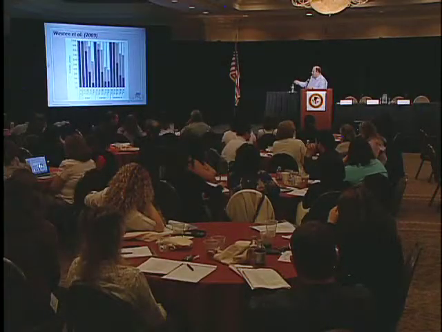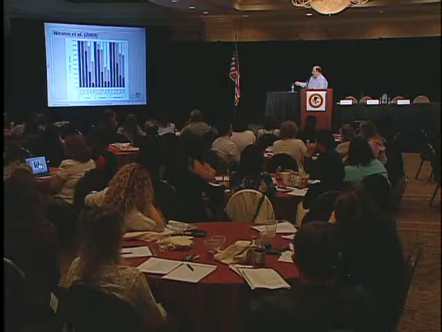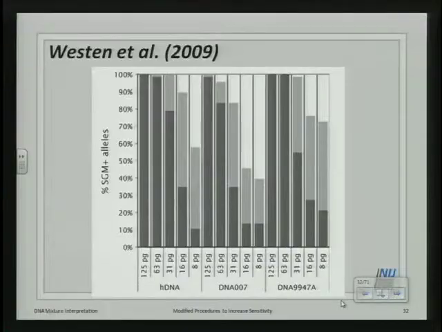So just to show you a couple of examples here from their paper, these are 3 separate control DNAs, and this is using SGM+, and they're measuring the gain, the percent of alleles that are visualized by increasing the voltage and the injection time. So this, for example, here is 16 picograms.